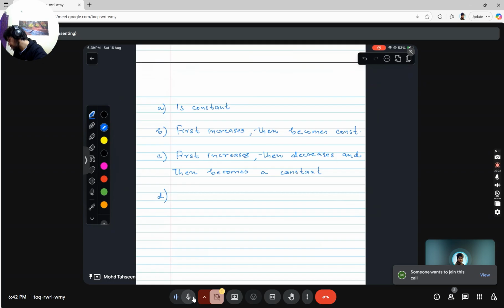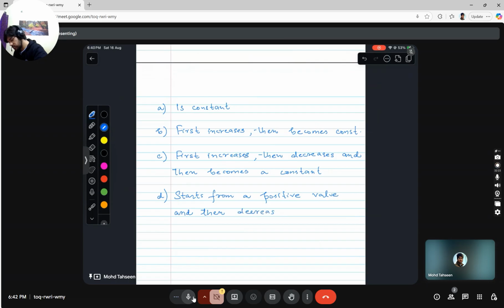And option D, it starts from a positive value and then decreases and becomes 0.